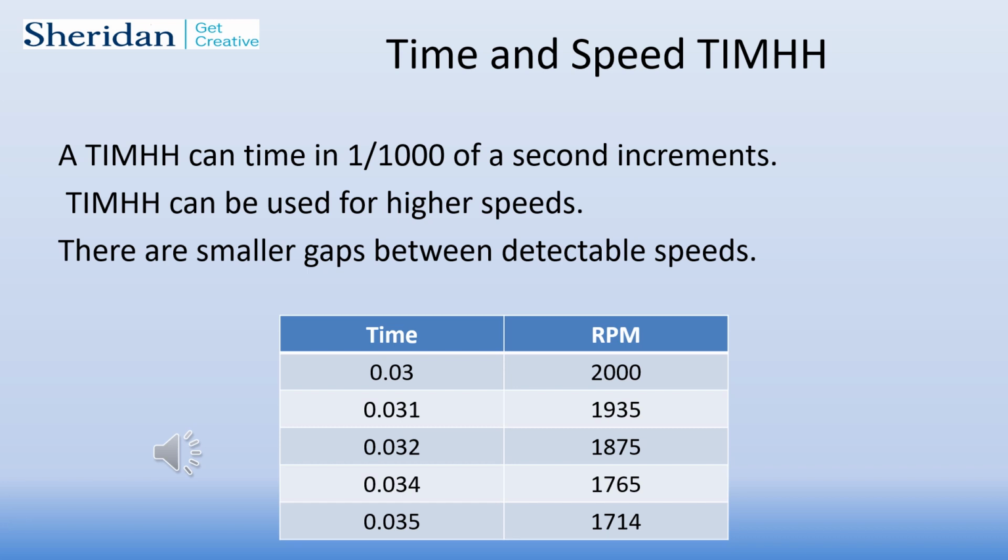The next one below that, at 31 milliseconds, is 1935 RPM, which gives us a 65 RPM gap. And as you notice, even though at the higher speeds it's a smaller percentage of gap between each speed that it can measure, making the TIM-HH much more useful for accurate measurements of time and speed.